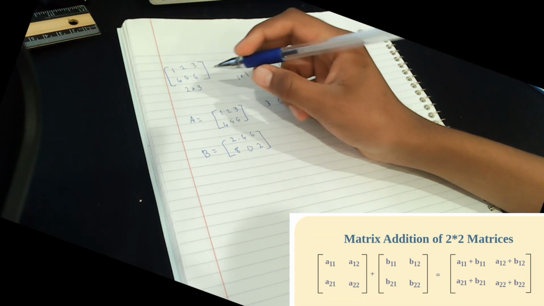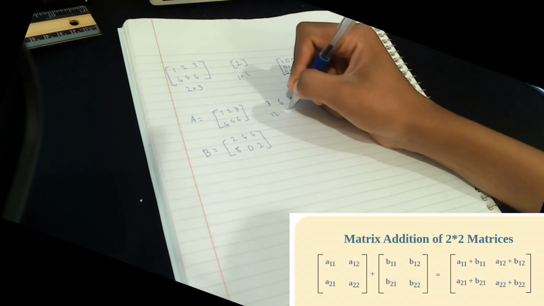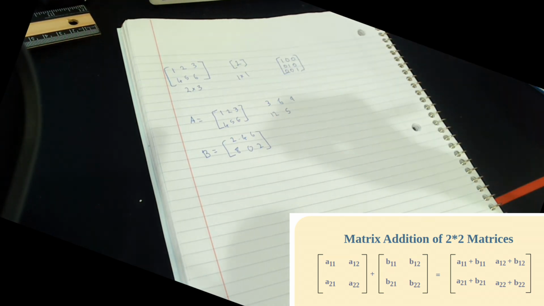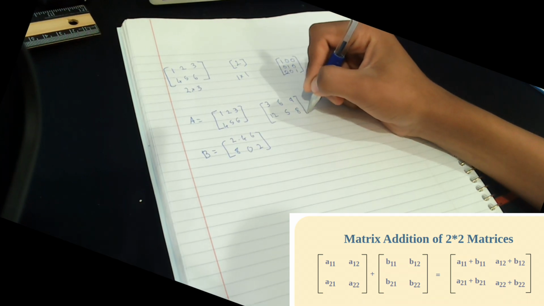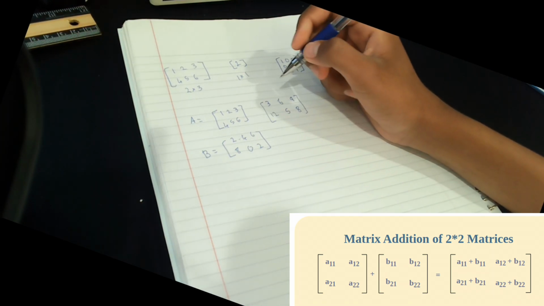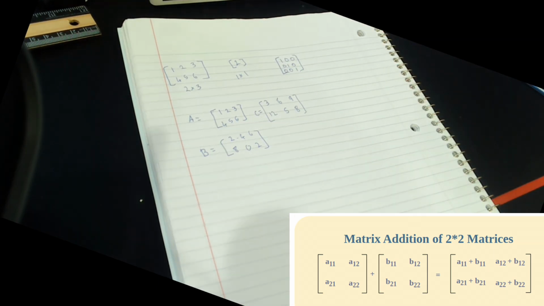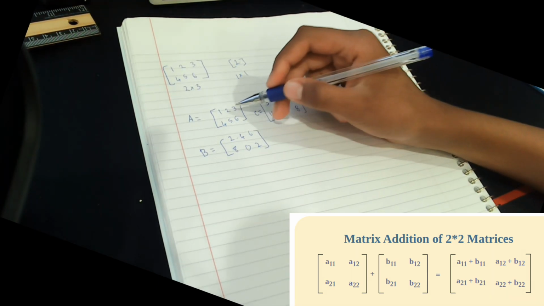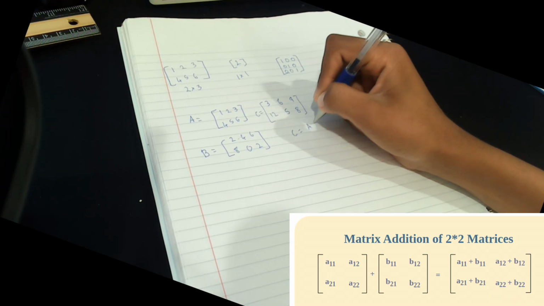And then 8 plus 4, 12. And then 5 plus 0, 5. And 6 plus 2, which is 8. So this is our resulting matrix, which we can call C, let's say. And we got that by adding these two. So C is equal to A plus B.